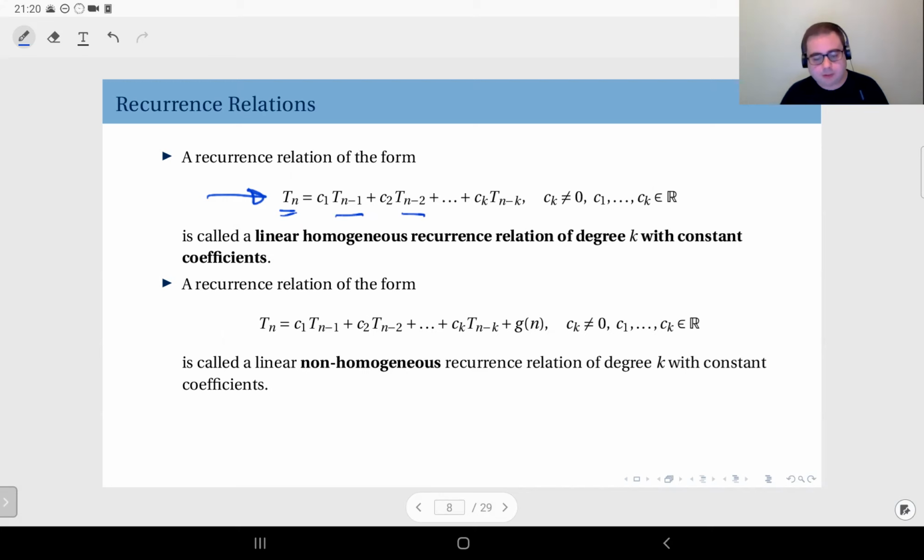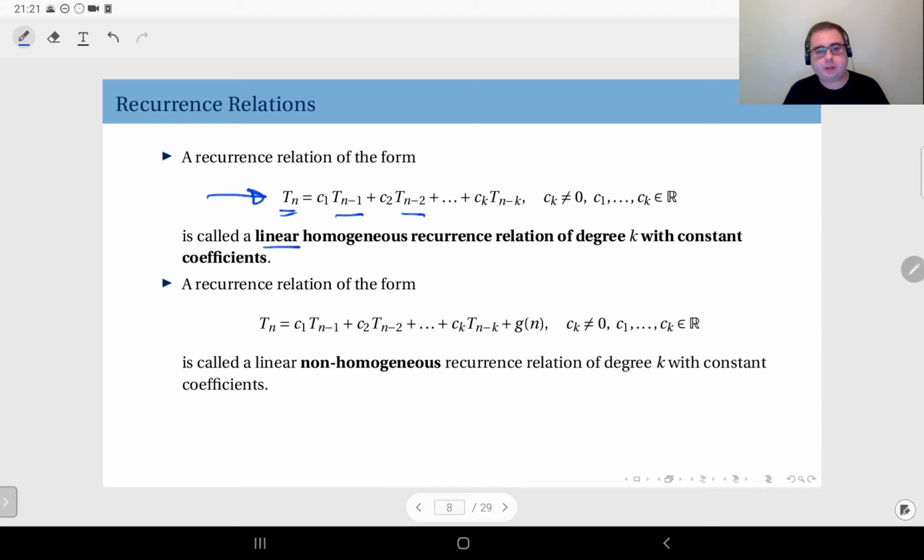It doesn't appear as Tn minus 1 squared or Tn minus 2 cubed, or let's say cosine of Tn minus 1. So they just appear as themselves and no function is applied to them. Therefore, this recurrence relation is linear.